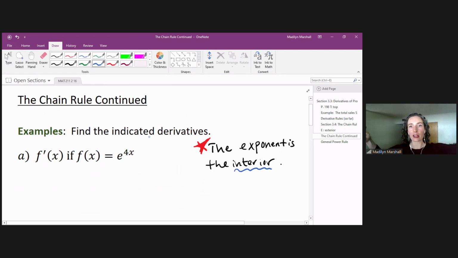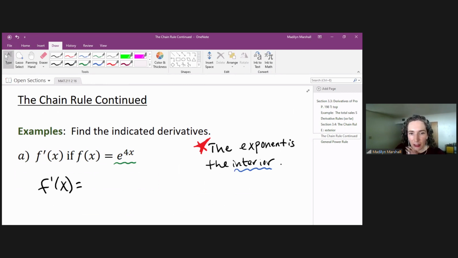So we have our exterior function, which is e raised to a power. We know the derivative of e to a power. Then our interior is that power itself, the exponent up there. So our exterior is e raised to something.